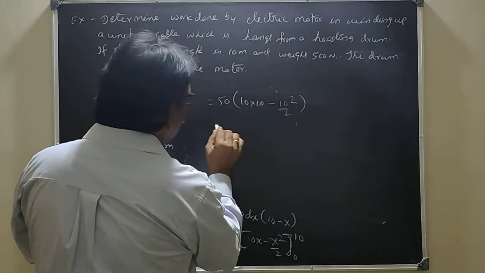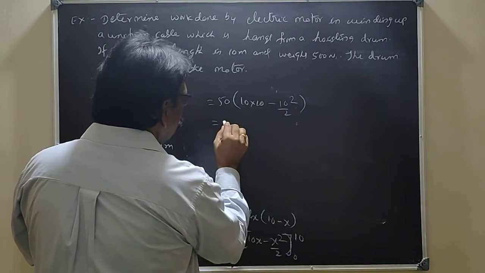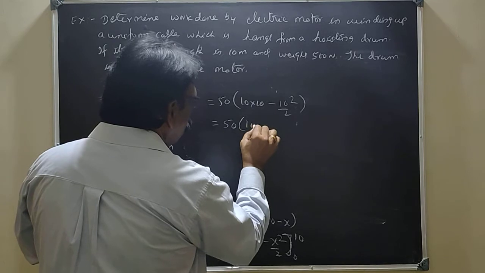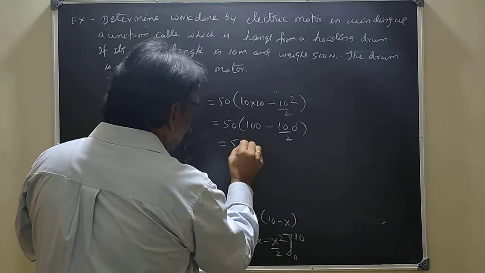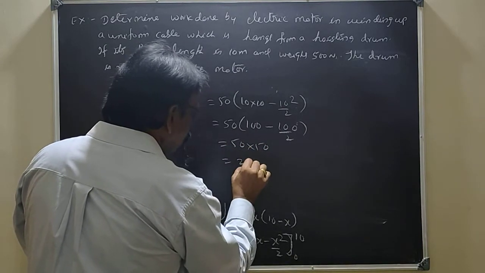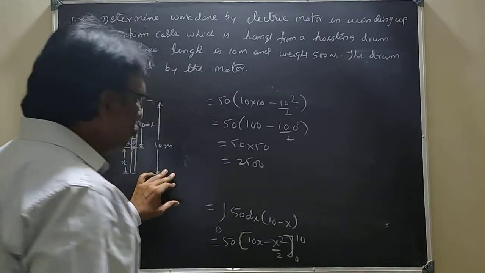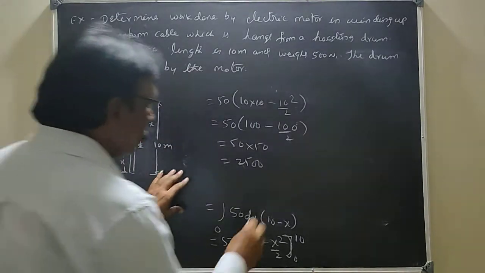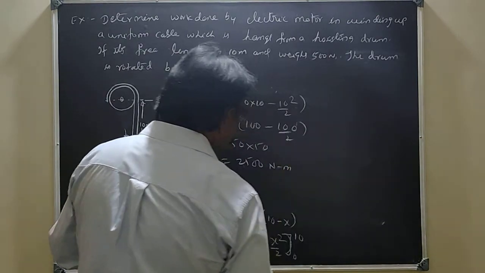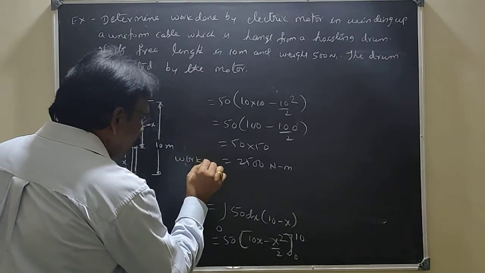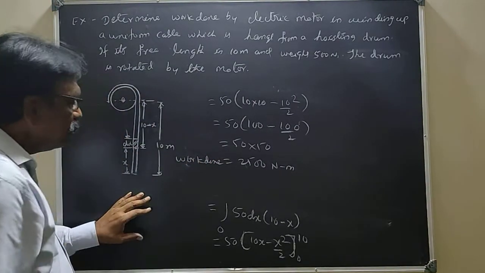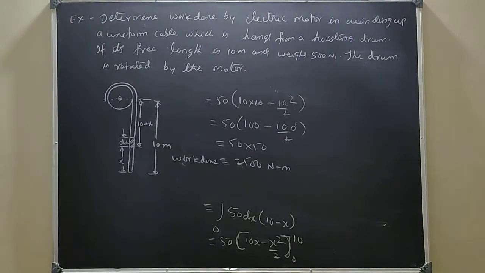So this will be 50 into 100 minus 50, so you get 50 into 50, that is equal to 2500 Newton meter. So this much is the work done. That means the total work done in lifting this cable is 2500 Newton meter or 2500 joules.